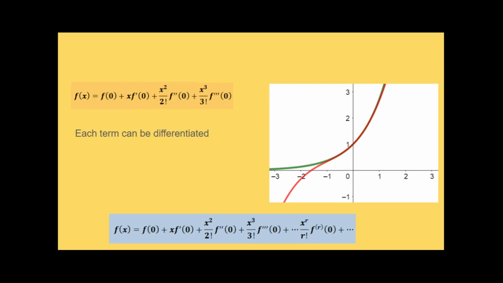We can find the third derivative, and so on. Each term can be differentiated. But not only that, we're saying that each of those terms, you can sub in x equals 0. You can find the gradient for x equals 0. You can find the second derivative for x equals 0, and so on.